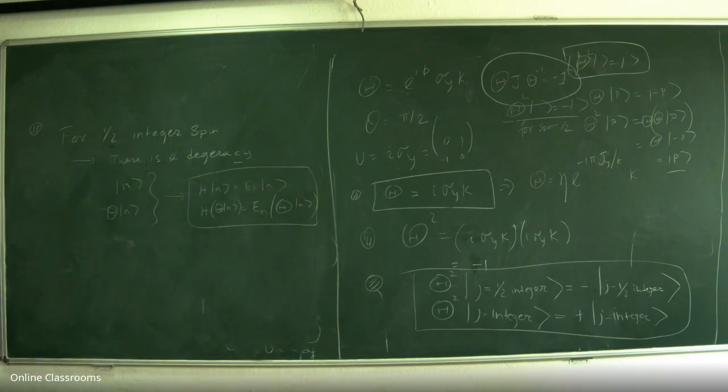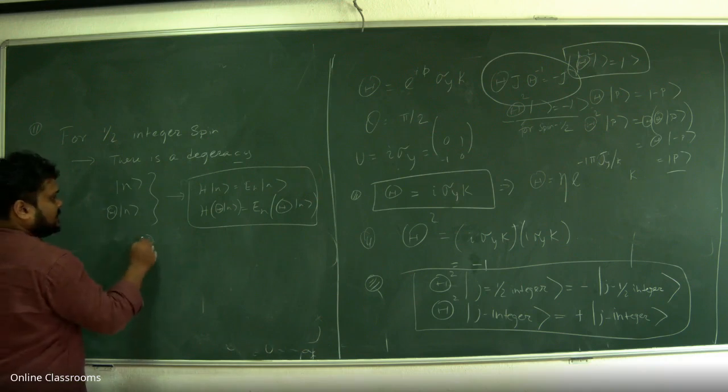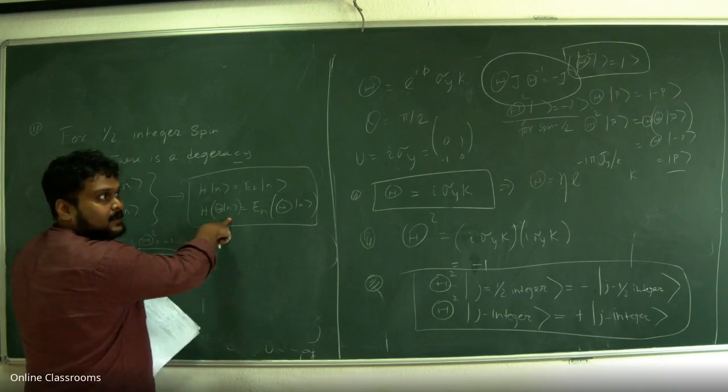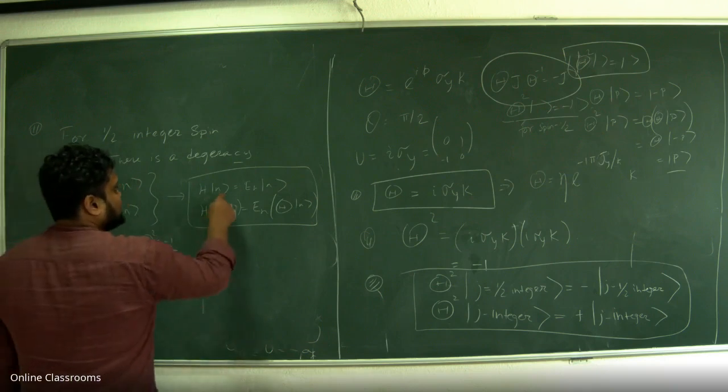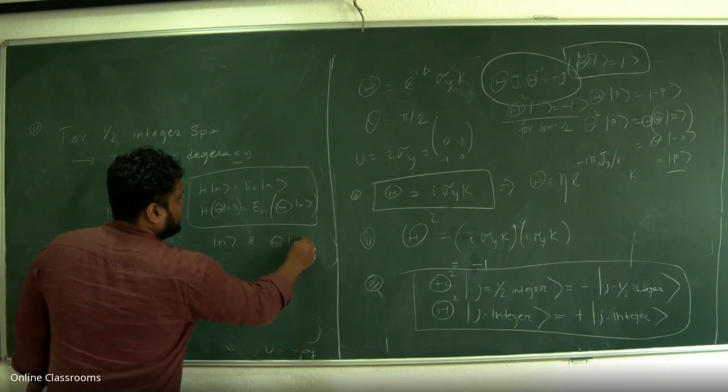You can prove that using the fact that for half integer spin theta squared is -1, so you can show that theta n is different from n. It has to be different from n. The important thing is that n and theta n are different states.